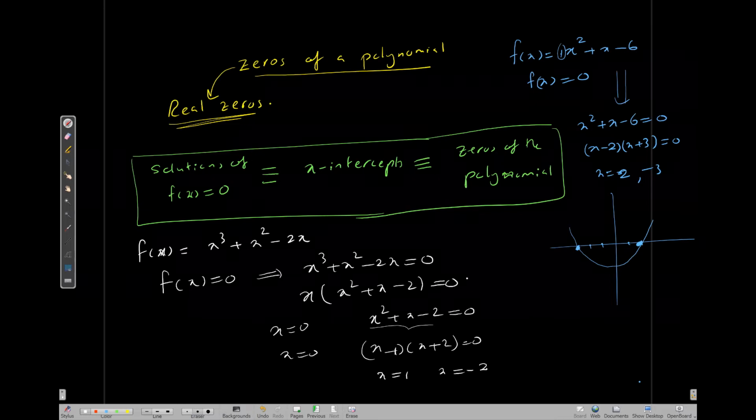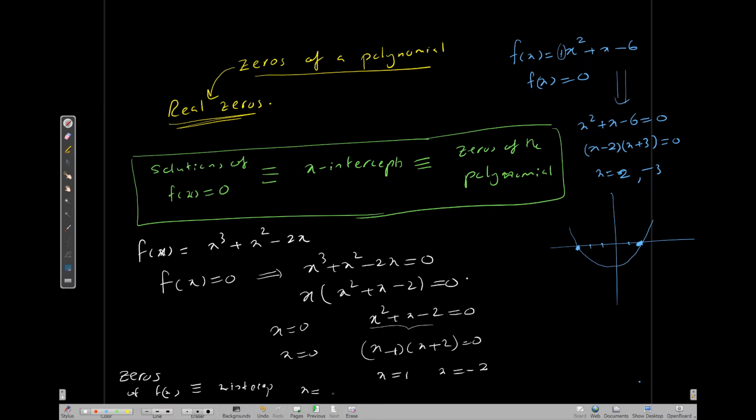So how do we write this down? The zeros of this function, the same as the x-intercepts, are x equals -2, 0 and 1, these three places.